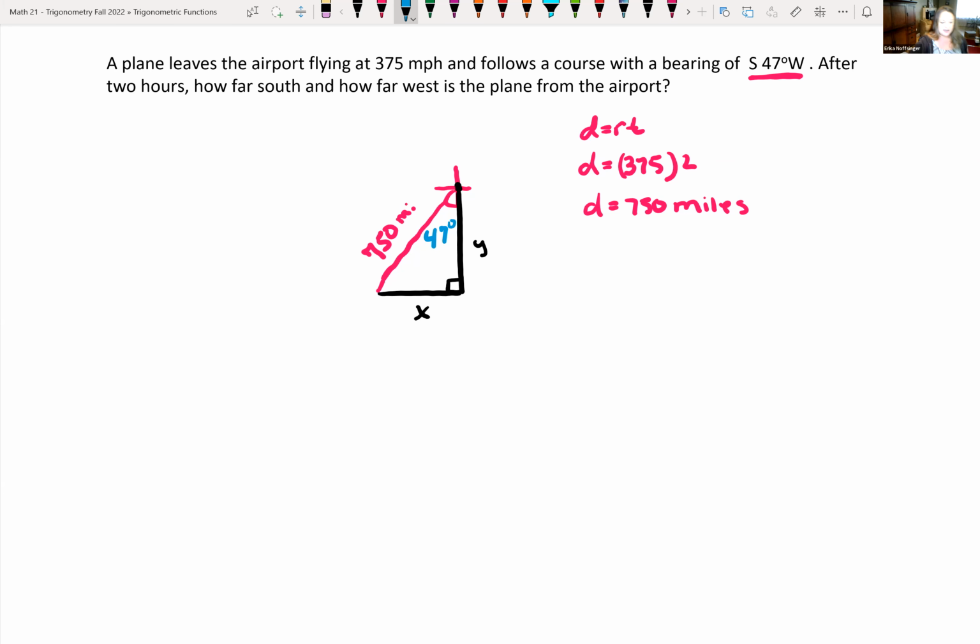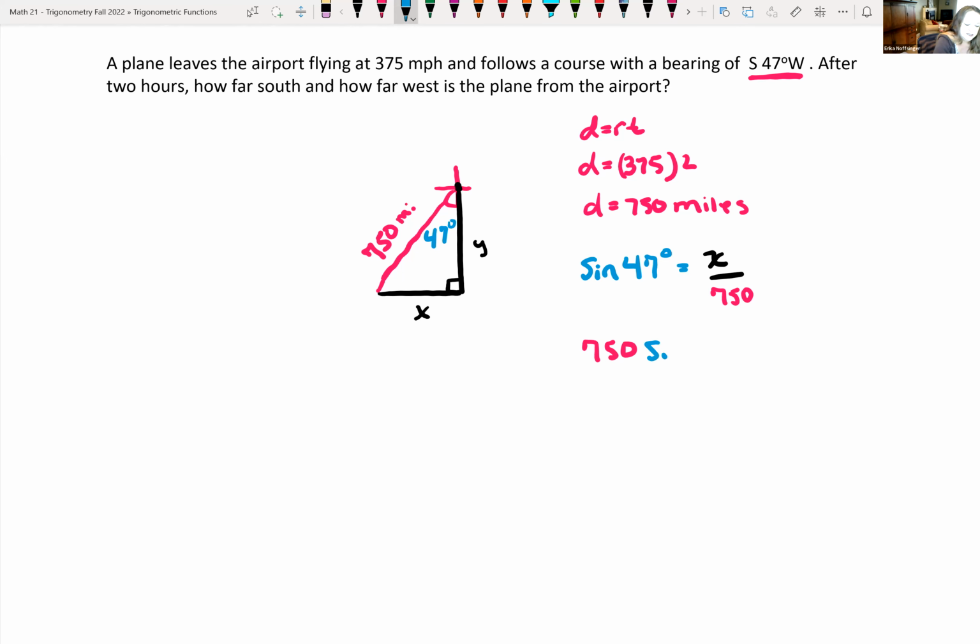So opposite, hypotenuse, that tells me to use sine. So I have sine of 47 degrees is equal to the opposite side, which is X, all over the hypotenuse, which is 750 miles. Multiply both sides by 750.